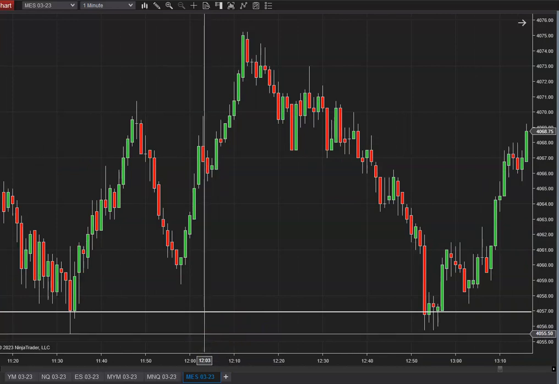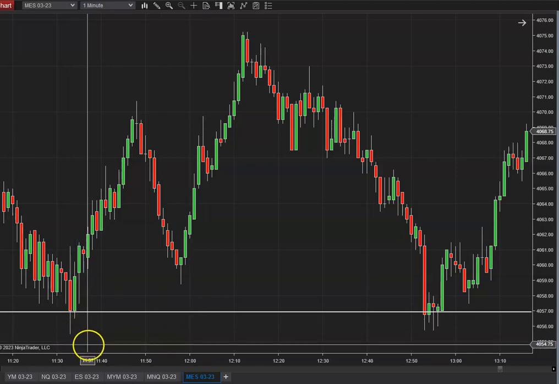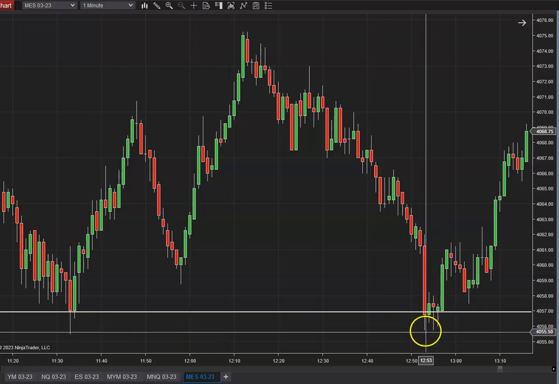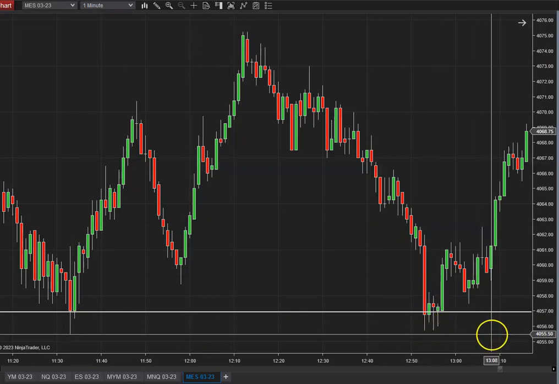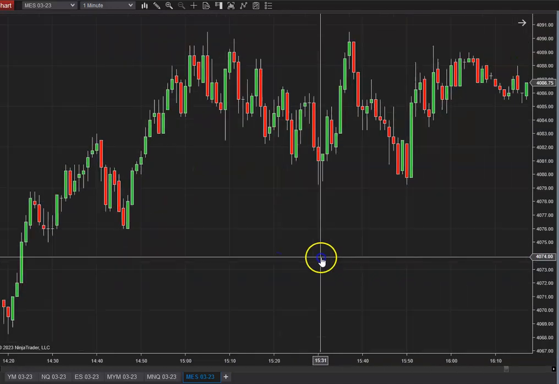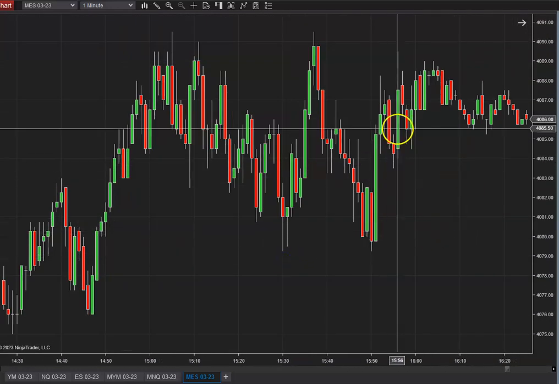In this case, I think in the minis it broke it, but in the micros it did not. But that's why you need to have a little stop a little lower. But anyway, your stop would be right below this area, and on the micros it did not break that area. It came back down here around 1 o'clock, or just before 1, and then if you exit at close, so the idea is that's going to be the low.